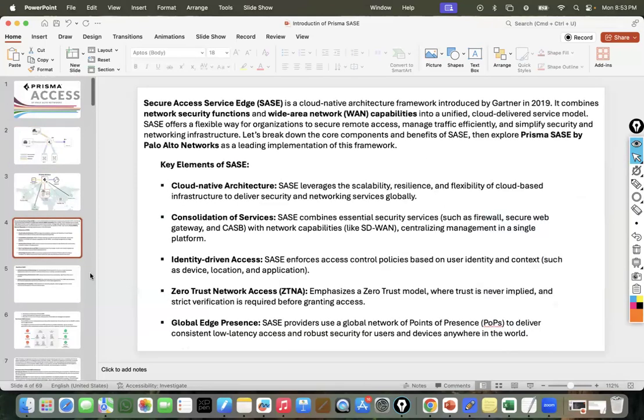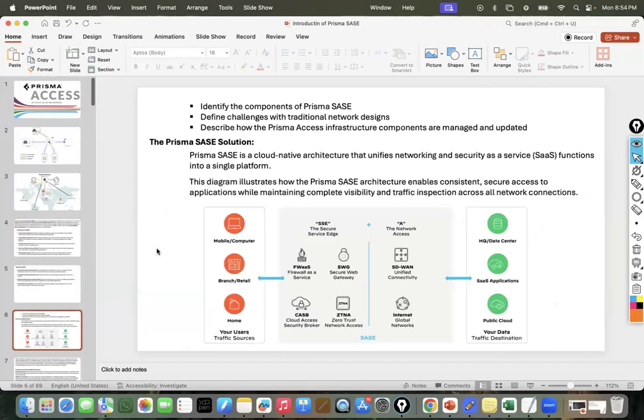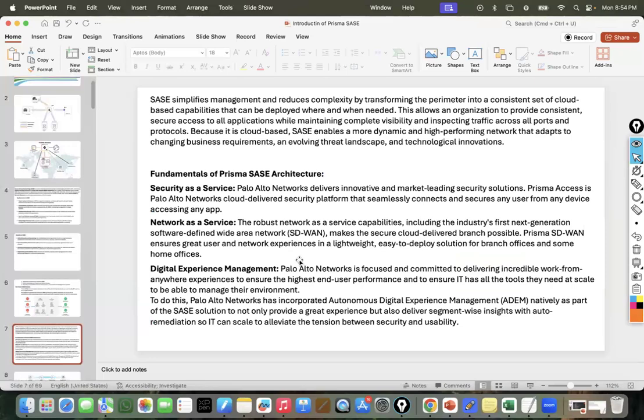So now we understand SASE, the problem, the solutions, what Prisma Access is, what the different vendors are, what SSE is, what the key components are and how they work together. And we also understand the key name of the SASE available in Prisma Access.